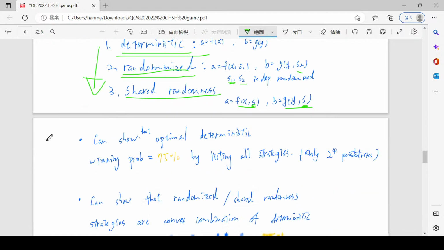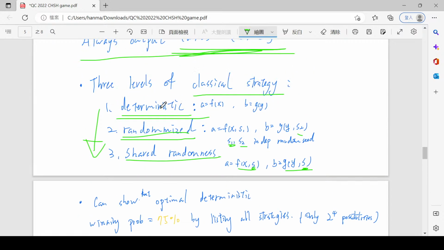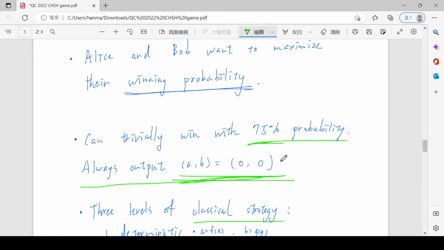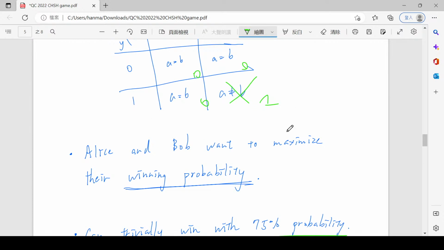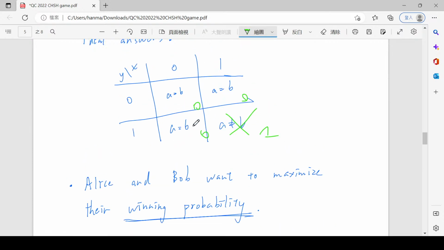First, you can easily see that for deterministic strategy, this 75% is optimal, because you just look at the blocks and you realize there's no way you can win all four of them with a deterministic strategy. It's pretty easy to see.